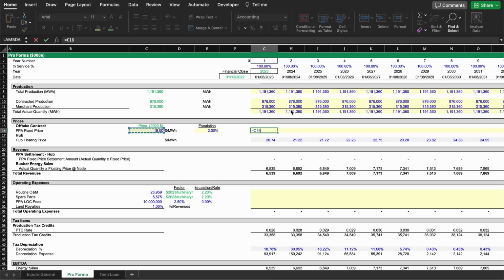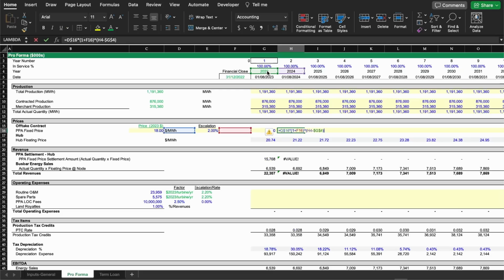So it's going to be this number here multiplied by what? 1 plus this number here, right? And now what we have to do, to the power of what? To the power of this number here minus this number here, and I'm going to anchor this last number in here. Okay, I didn't anchor this number here.